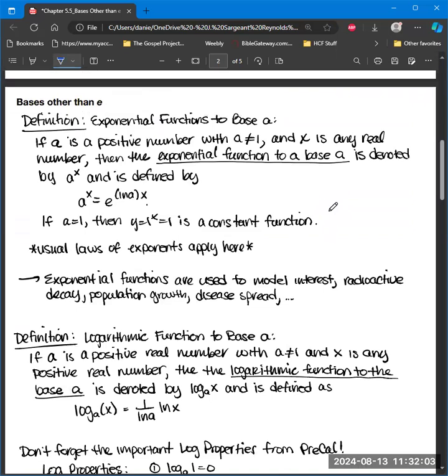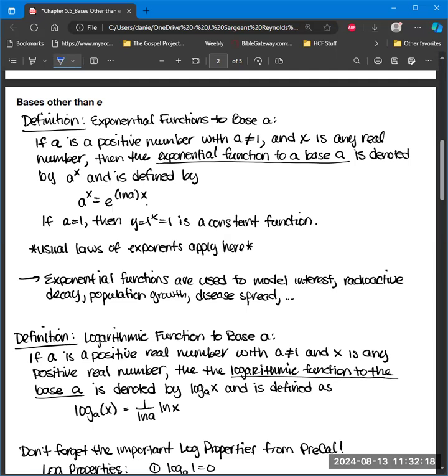All right, let's move on to exponential functions of base a. And I already talked about how that a is related to the a that is the stretch shrink factor.